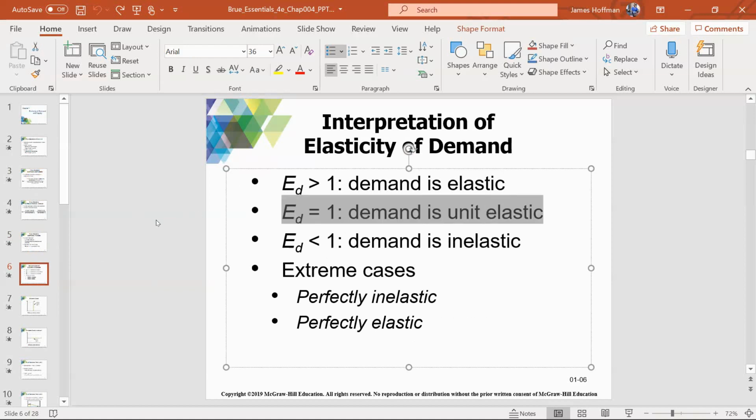Okay, we'll skip this one for now. On the other hand, if it's less than 1, that means the good is classified as inelastic. If you look back at the equation, this should make total sense mathematically.